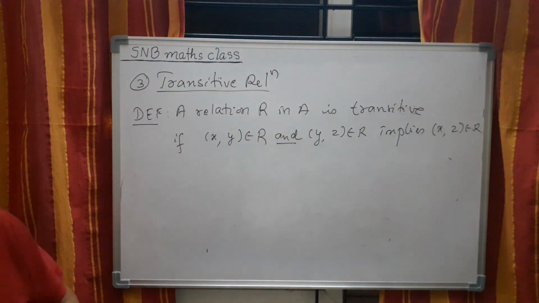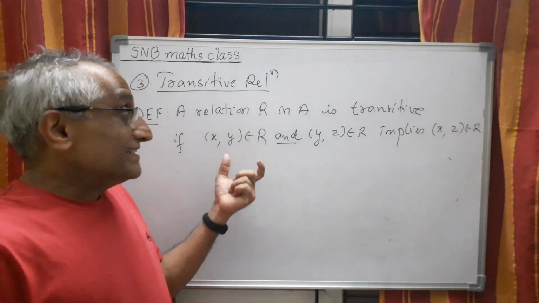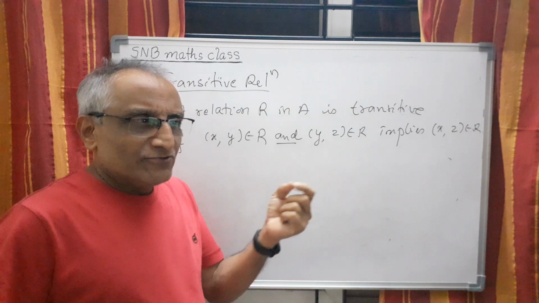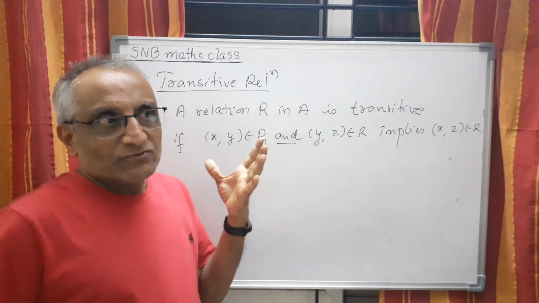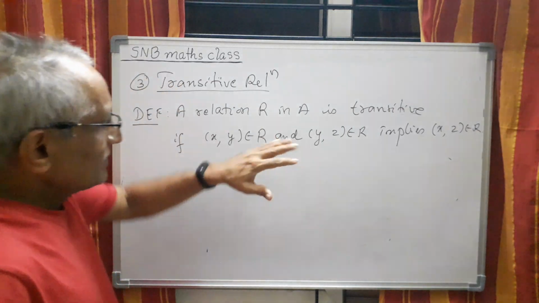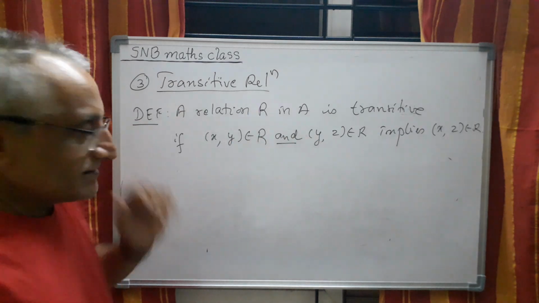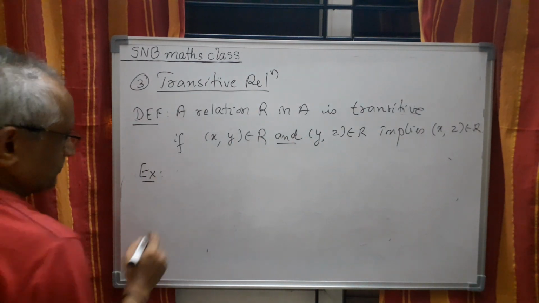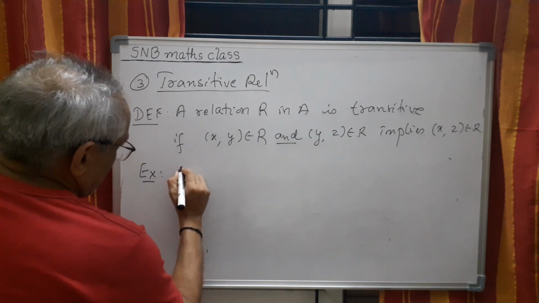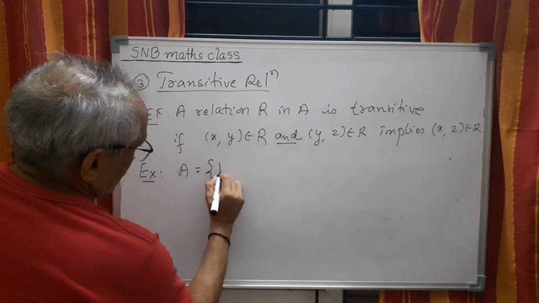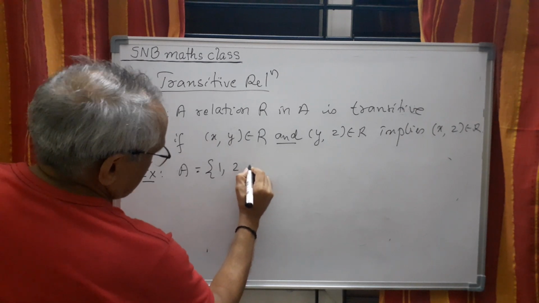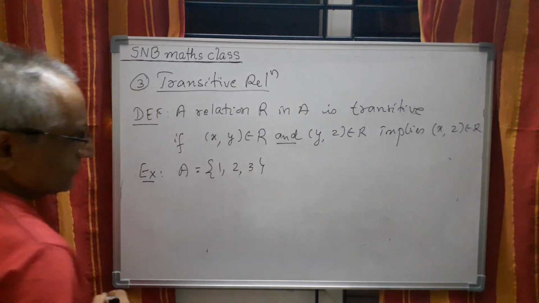But the problem is, when the set is very big, you have to search for such pairs. If you make a small mistake, sometimes it may not be transitive, but we may think that it is transitive. So let me give one or two small examples first. Say A equals {1, 2, 3}.